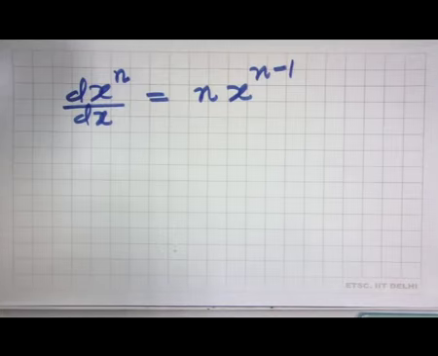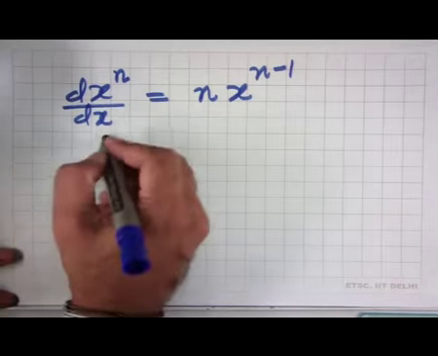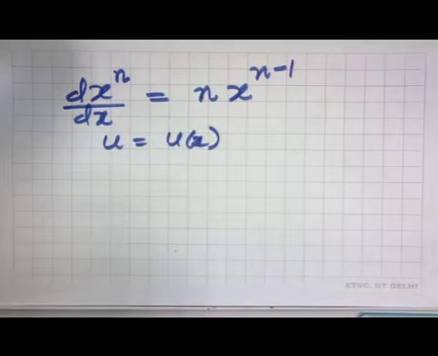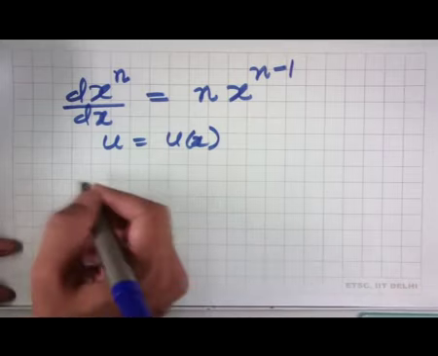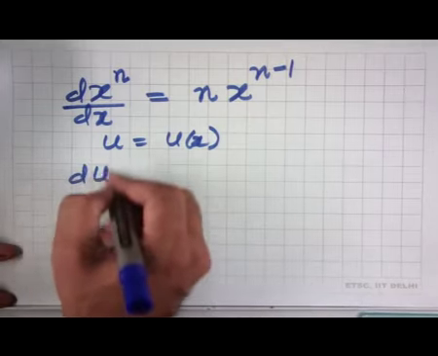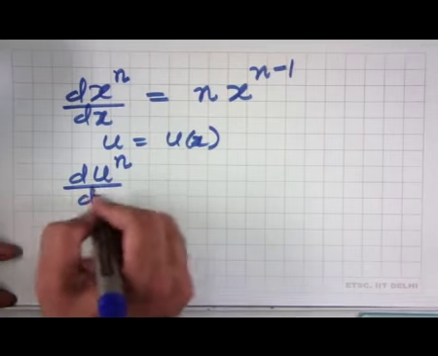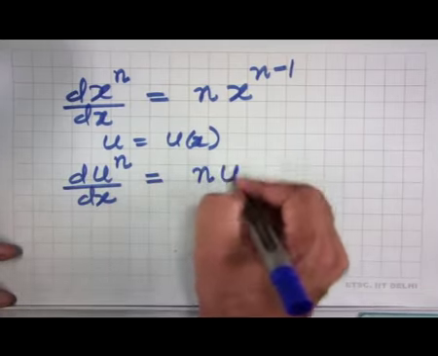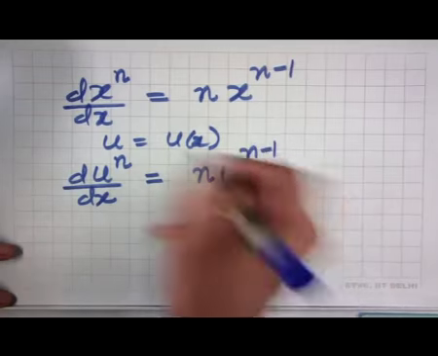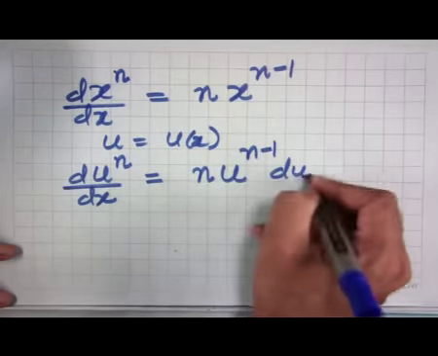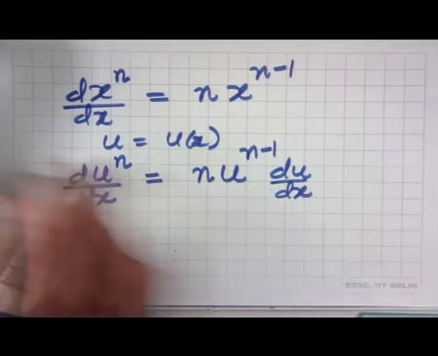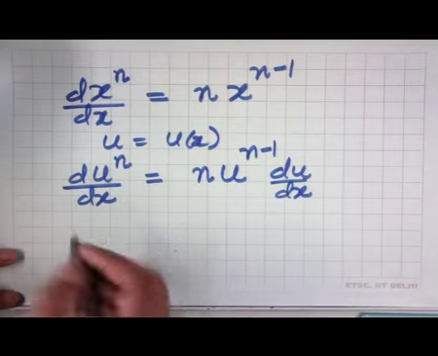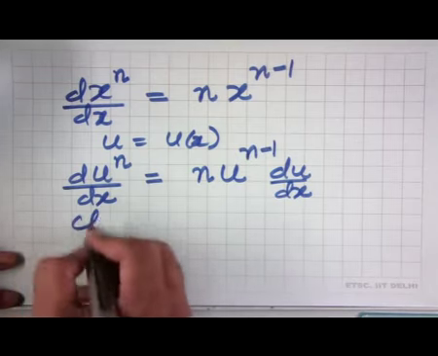And if we have a function u, if u is equal to u of x, then the derivative of u to the power of n with respect to x is given by n times u to the power of n minus 1 times du by dx. And actually this formula which I have done is a generalized form of a formula which is called the chain rule.